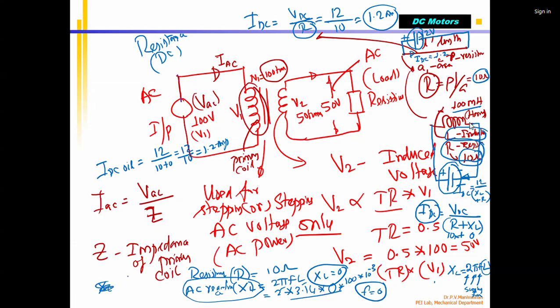Right now we are not talking about that, so XL means inductive reactance. Whenever a coil is there, this also has to be taken care of. So XL equals 0 because f equals 0. That means whether the wire was a straight wire or a coil, if I apply 12 volts, the current will be 1.2 amps.